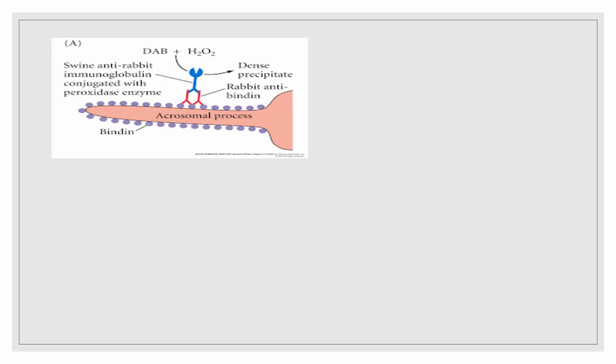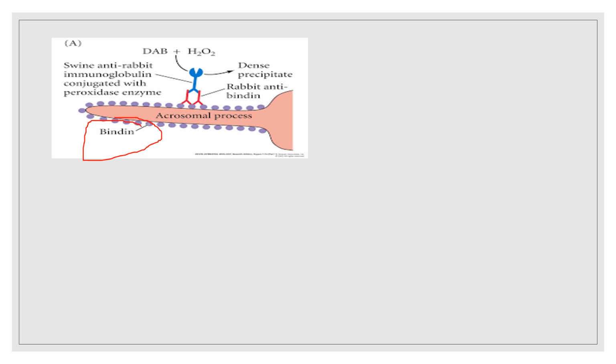So what is the molecular basis of this fusion? If we look at the outer surface of this acrosomal process, you will find that there is a specific protein. Here, this is the binding protein.